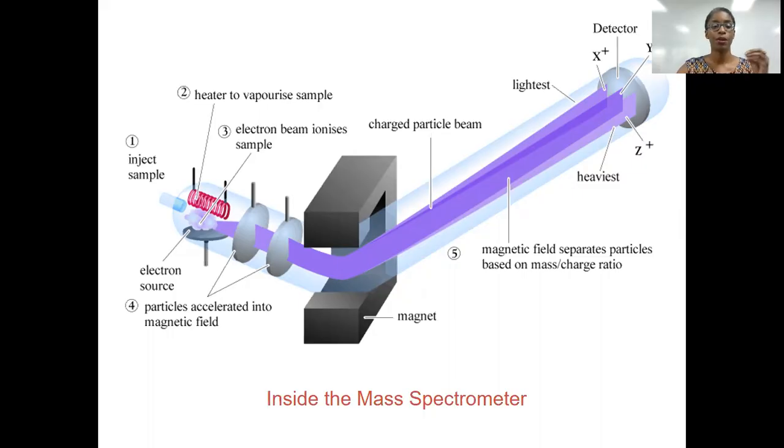So we vaporize the sample, and then we subject it to an electron beam. And that electron beam we're seeing here in phase 3 is what allows us to ionize the sample, or generate the positive charge. And after the positive charge is created, it then passes through a particle accelerator, which speeds up the particle, and then it passes through a magnet.